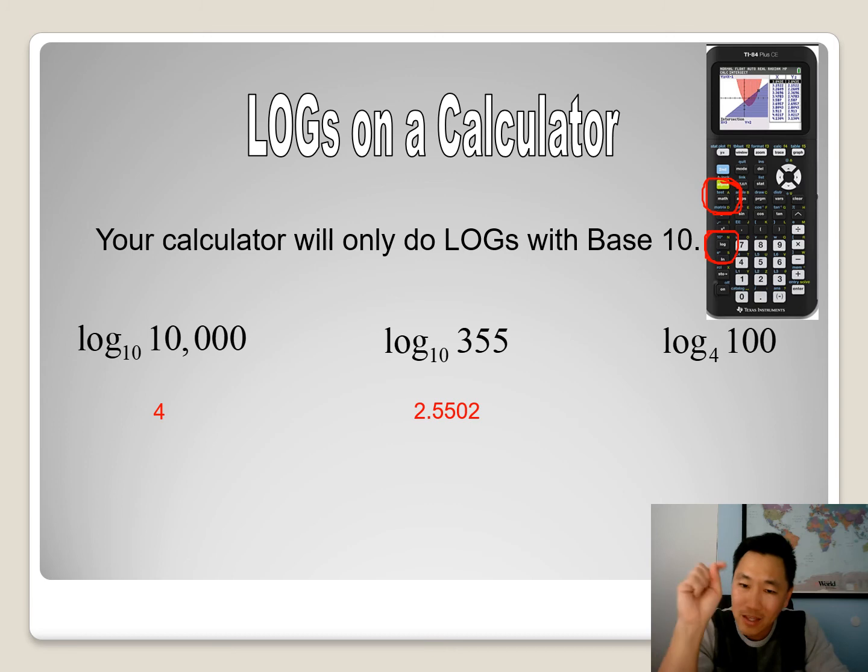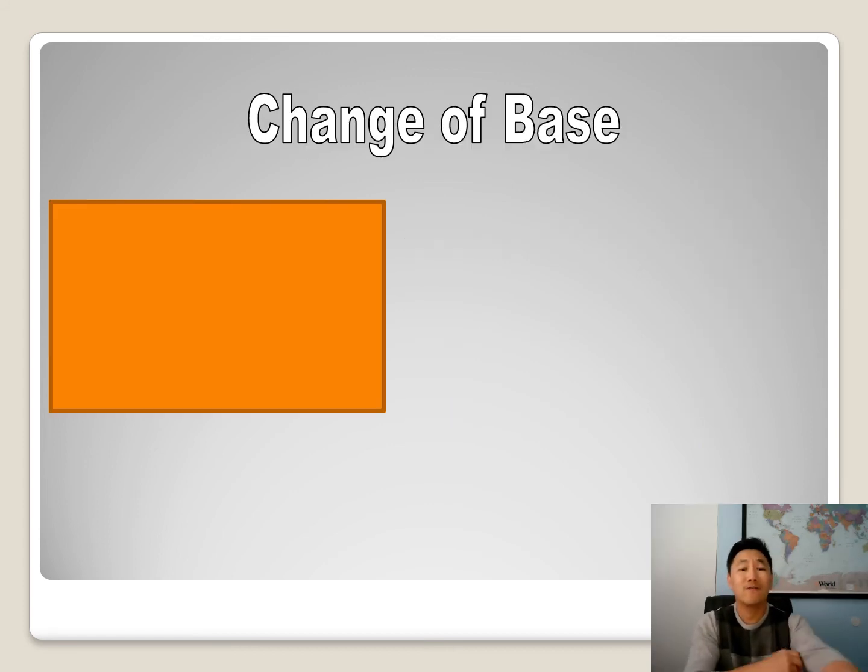If you click on log base, it will do a base 4, or it will do any base for you. But for those of you who do not have a new calculator and you have one of the old ones that doesn't have that function, and there's the answer, by the way, 3.3219.